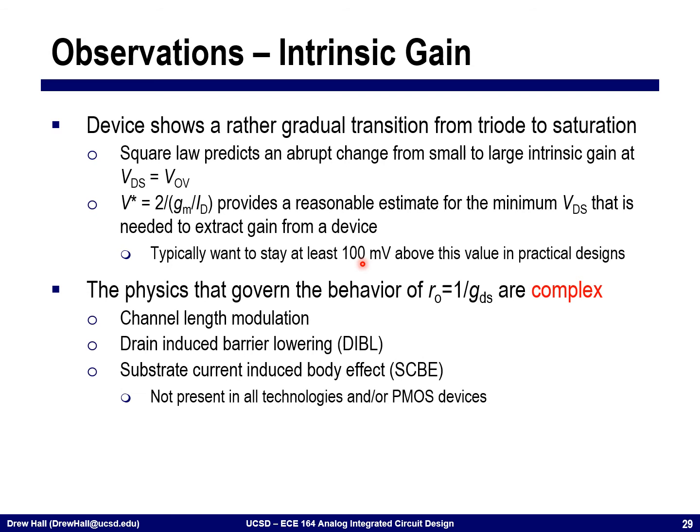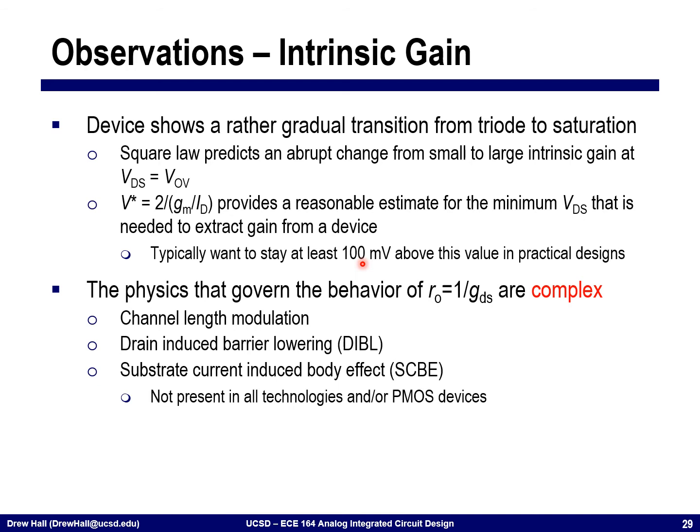I don't want to get too deeply into the physics that govern the output impedance. They're very complicated, and due to many different effects, such as channel length modulation, which we talked about and gave a good first order treatment to, but also things like drain-induced barrier lowering and substrate current-induced body effect.